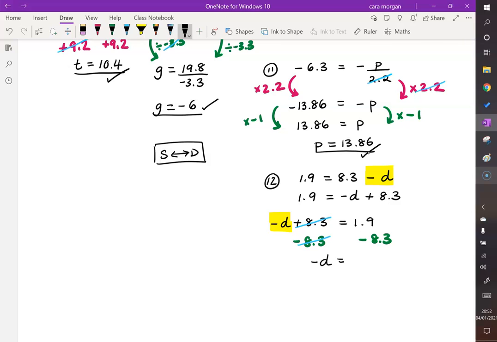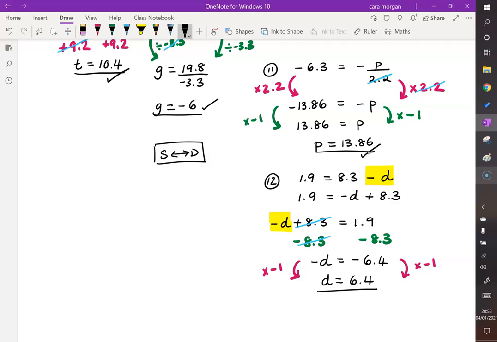On the right-hand side, I've got to be careful. 1.9 subtract 8.3 gives me negative 6.4. So just like in the last question, if I multiply both sides by negative 1, or divide by negative 1, it doesn't really matter, it ends up being the same, I end up getting that d is 6.4.